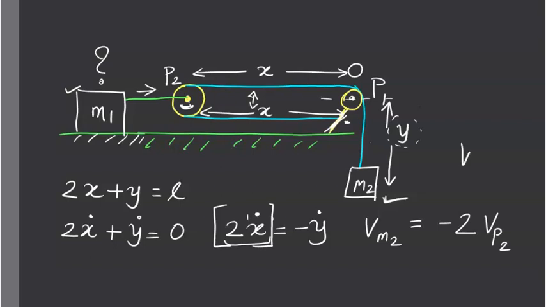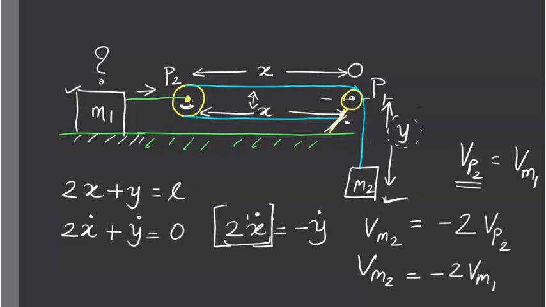But now the velocity of P2 will be nothing but the velocity of mass M1, because the constraint is that P2 is attached to the mass M1. So this string will be taut, and as a result the same velocity, Vp2, will be the velocity Vm1. So we find that Vm2 is equal to minus 2 times Vm1.